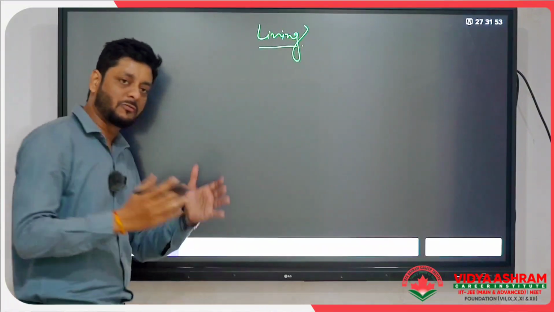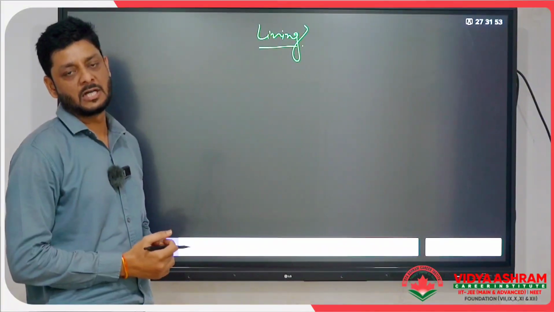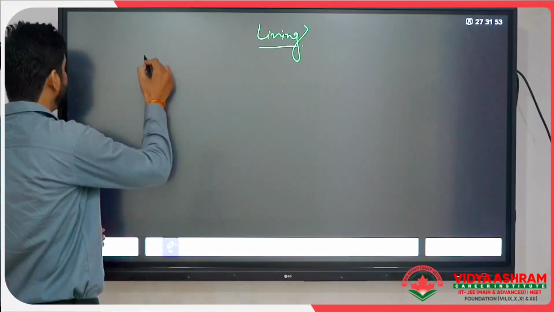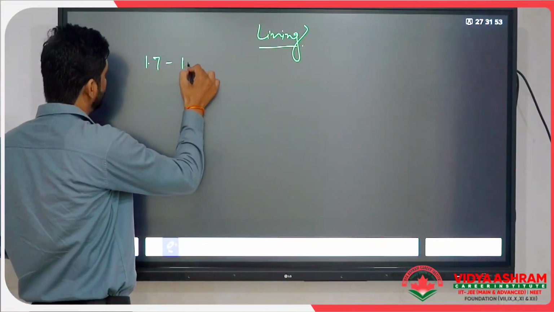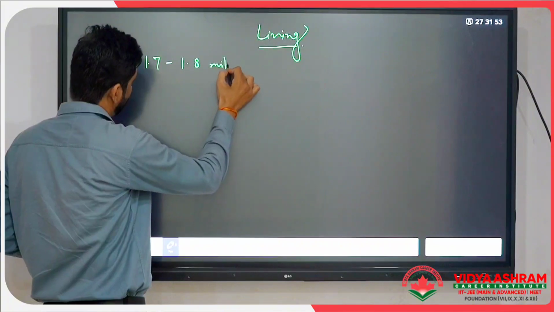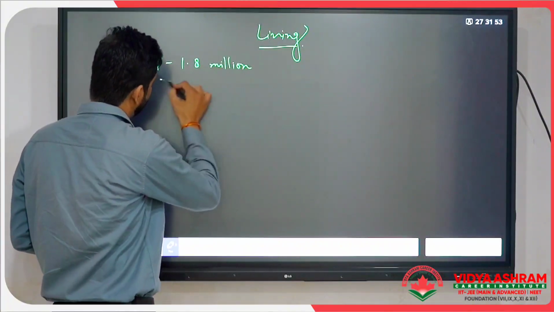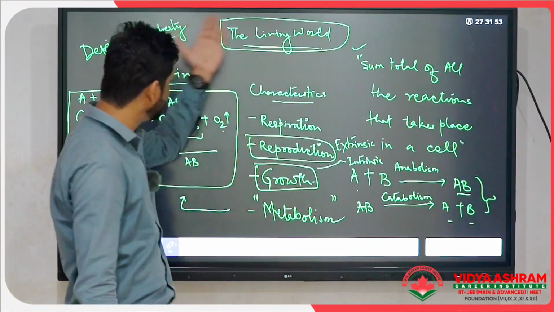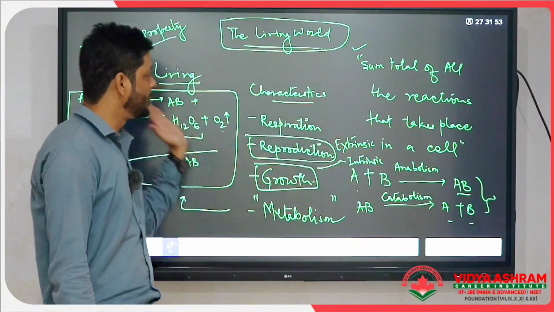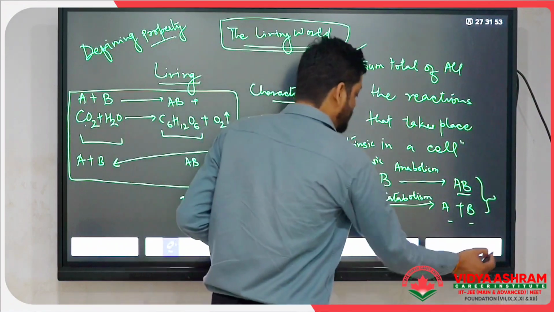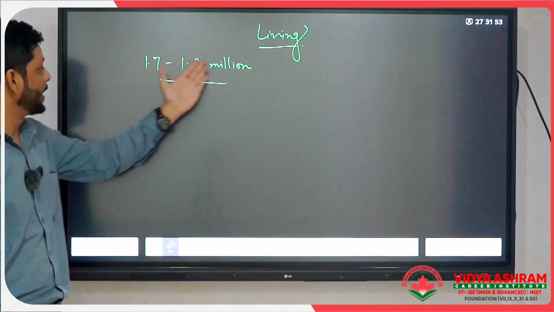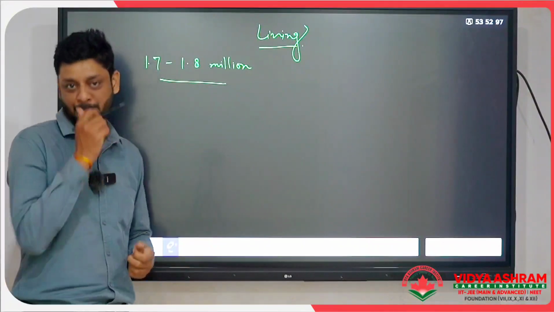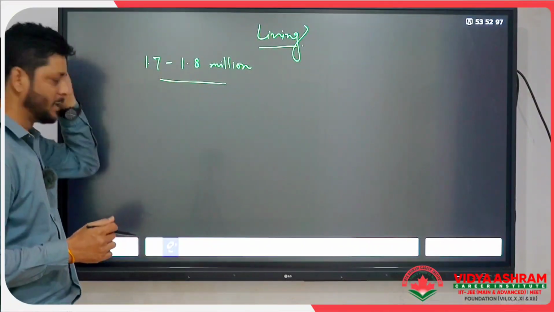There are a lot of living organisms present around us. How many? About 1.7 to 1.8 million organisms around us are said to be living. So there is a huge number.